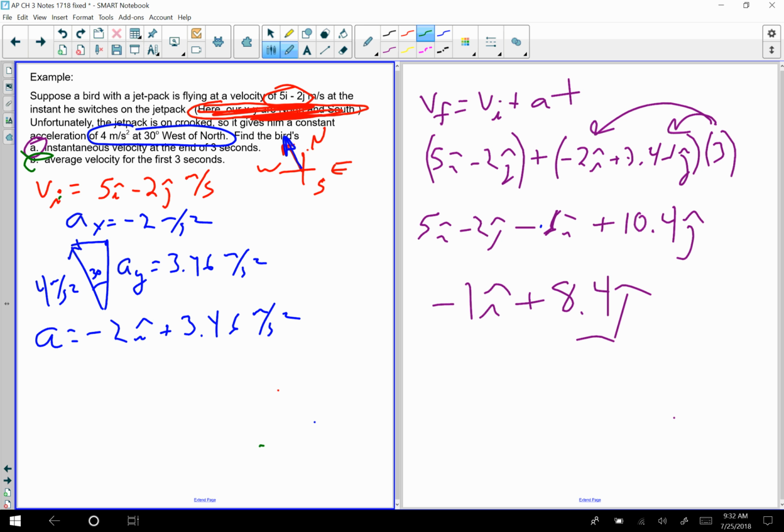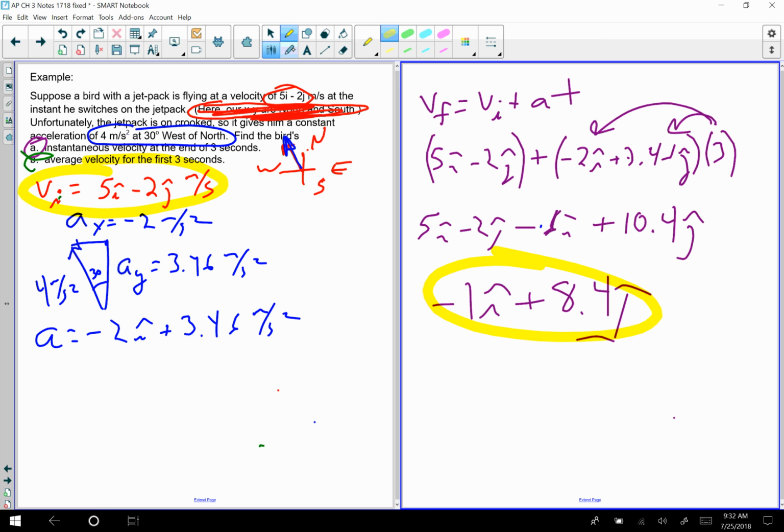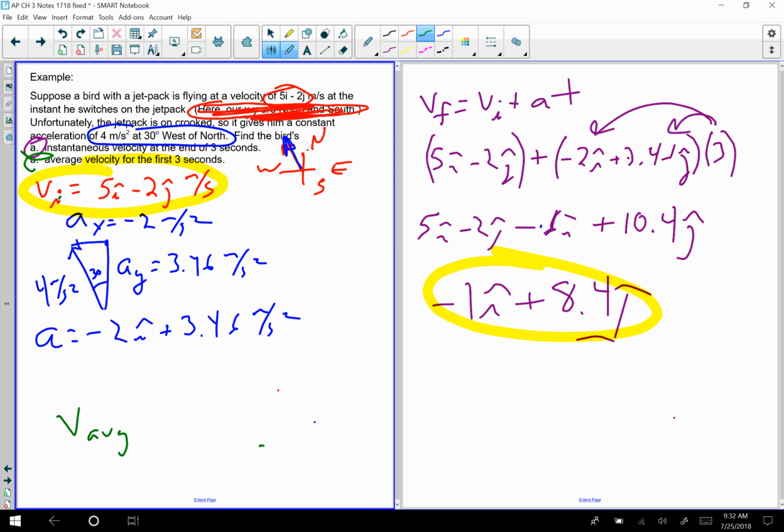So here is our Vi. Here is our Vf. So we can just do V average is Vf plus Vi over 2. Okay?